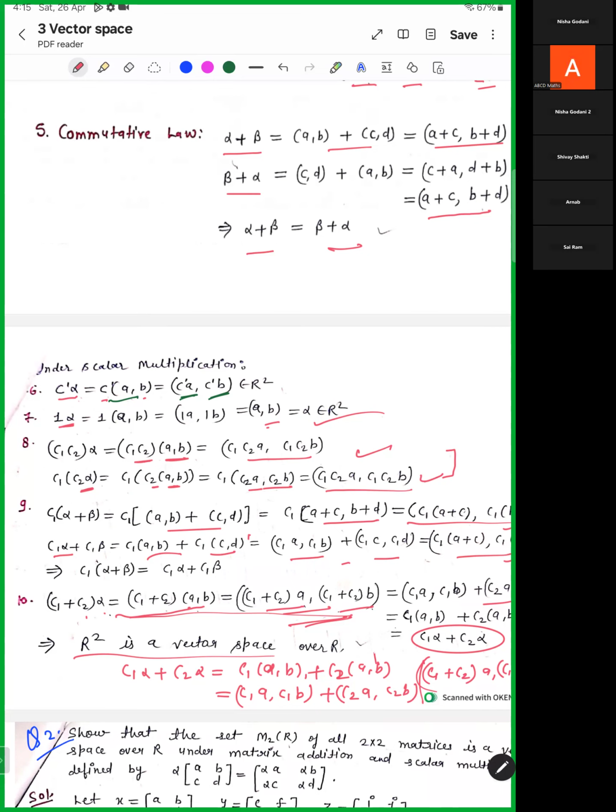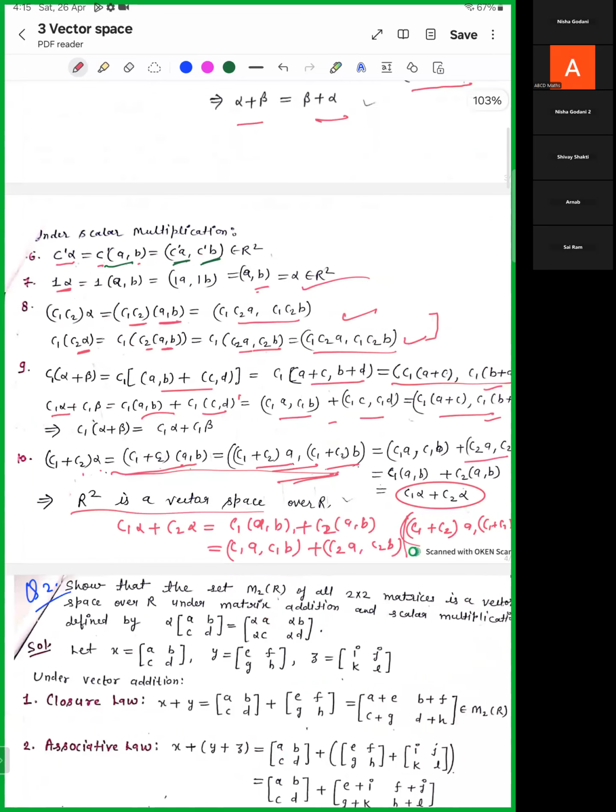So are you getting this? Actually, in vector space, the flavor is completely different. Mainly when you are checking for vector space, mainly that. And after this, the topics are interesting when you check for subspace or linear transformation and linear dependence. That is interesting.